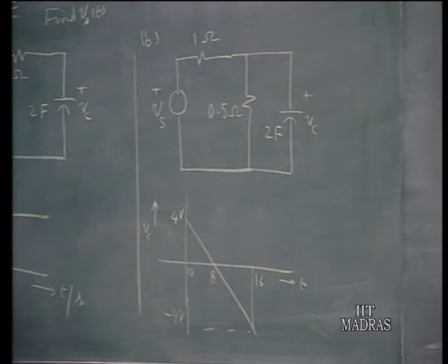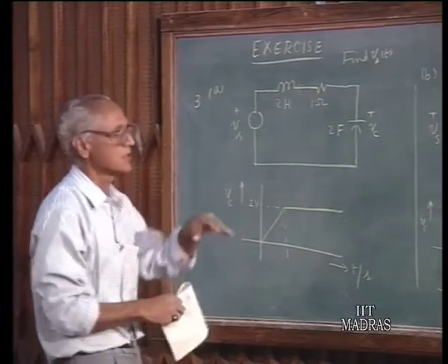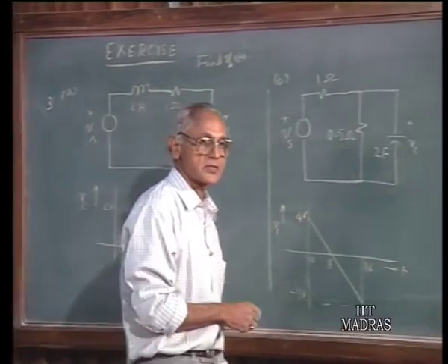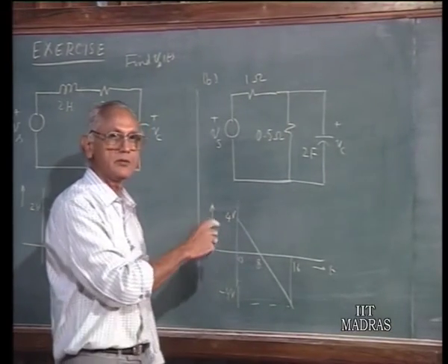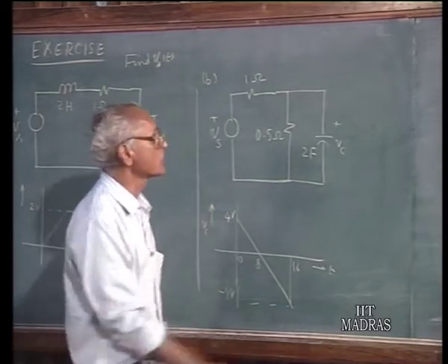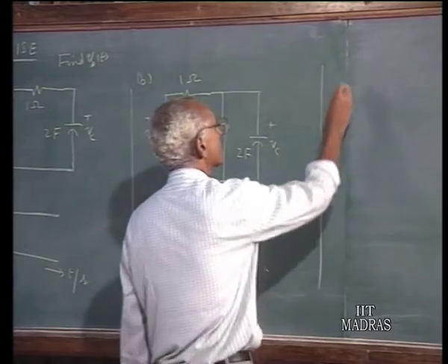Find the expression for Vs(t) in terms of singularity functions once again and sketch the form of Vs using impulses, ramp functions and step functions. So, this is one problem which is an exercise on using the singularity functions. These are two circuits which you can analyze using the concept of singularity functions.